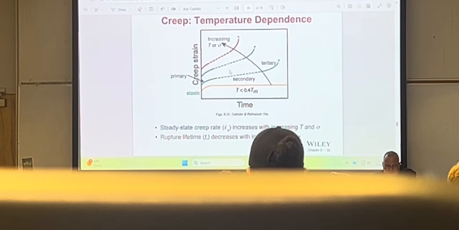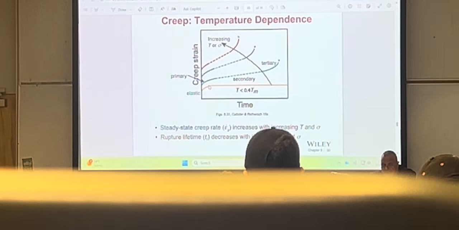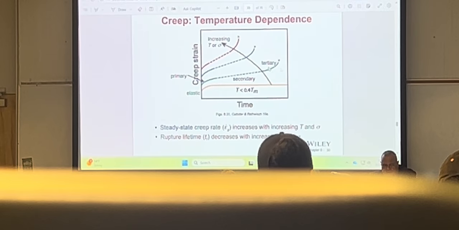This is the effect of the temperature. If we are below 40% of the melting temperature, you can see that there's elastic deformation and there is no creep. We increase the temperature and the part fails much faster.